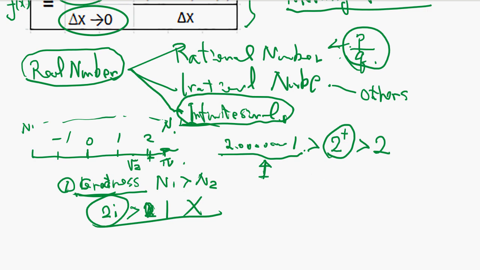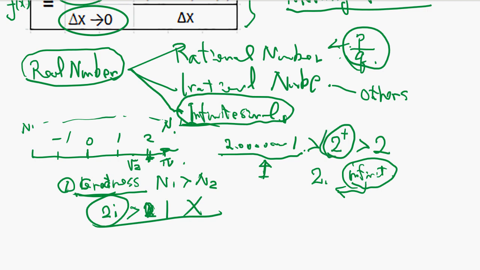What is next to the number 2? 2.0000 all the way forever. So you bring the infinite concept into the number.